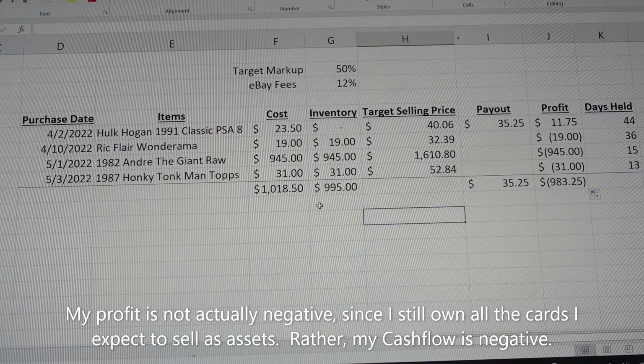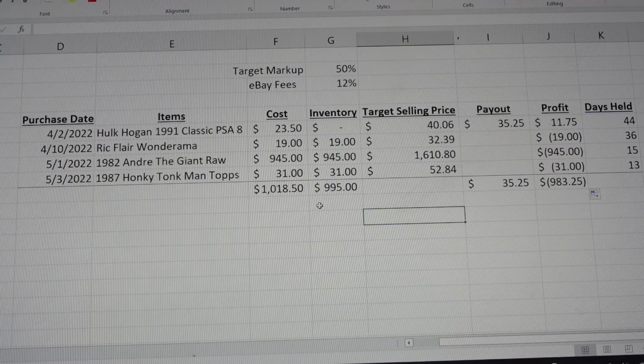All right, so inventory turnover is going to look at your average inventory over a period, and it is going to say how many times did that inventory turn during that period. So let's look at the course of a year.